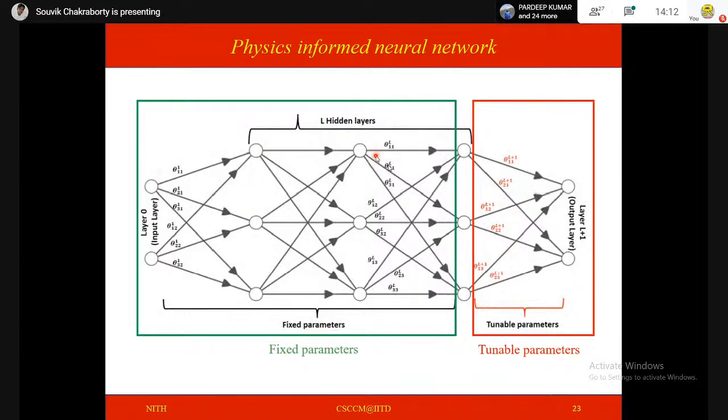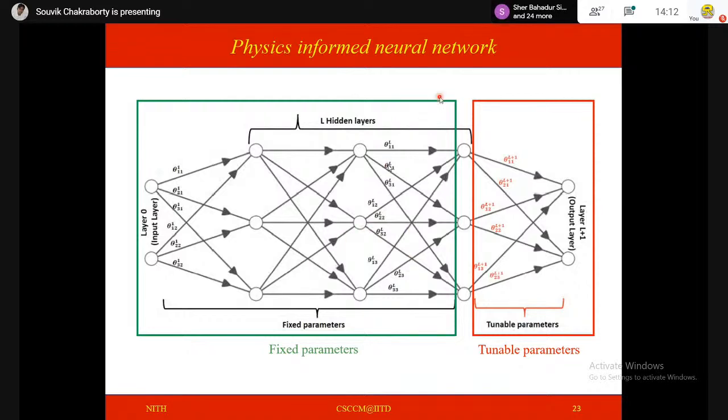Now, for these parameters that you see here, you can think of learning as meaning these parameters are the ones that have the knowledge. When you minimize the residual or the variational energy, these parameters get tuned. So these parameters carry some knowledge. So we are transferring the knowledge of a current displacement step to the next displacement step by fixing these parameters.